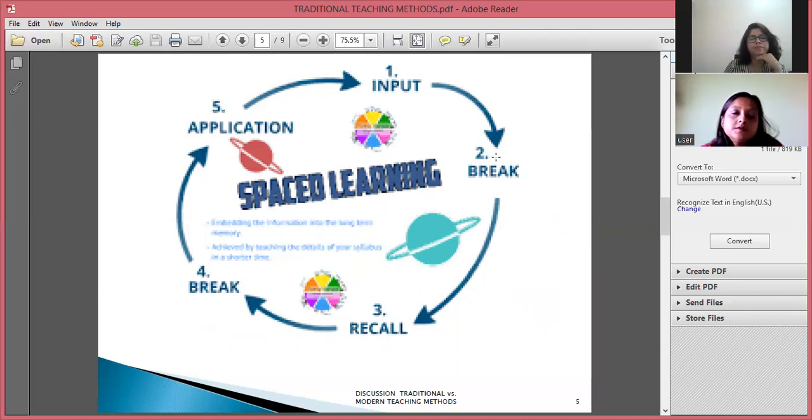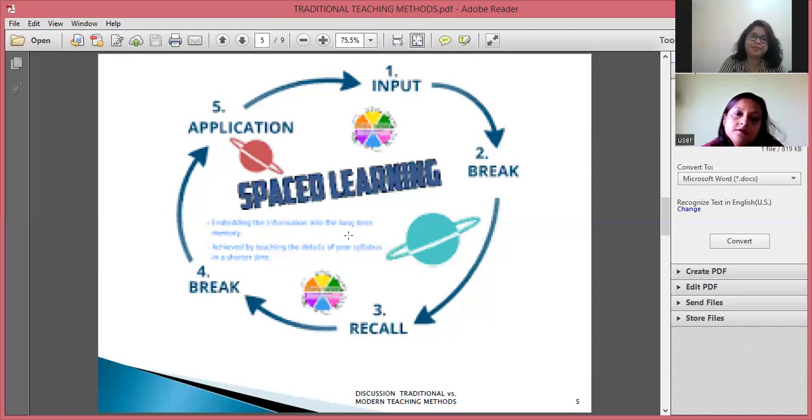We see in this picture the input is the teacher delivering the concept, then a 2 to 10 minute break, then recall or repeat this again, then another 2 to 10 minute break, and then the application is shown. Input, break, recall, break, and then application. Then it's the execution portion.